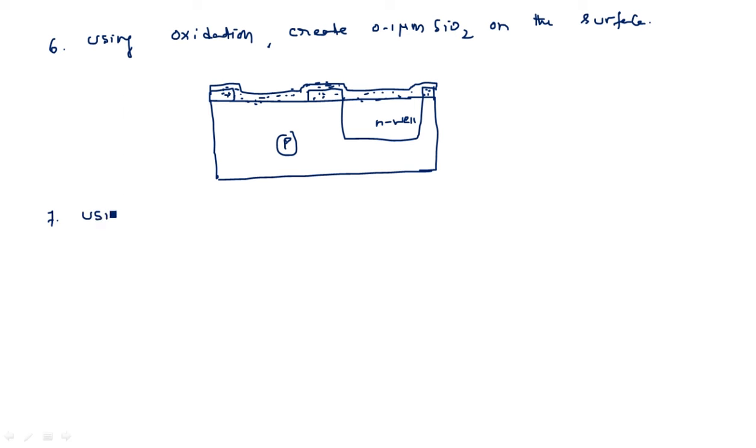So using CVD, create or deposit polysilicon at the gate. As we have two transistors here, NMOS on the left hand side and PMOS on the right hand side, two gates are going to be created.